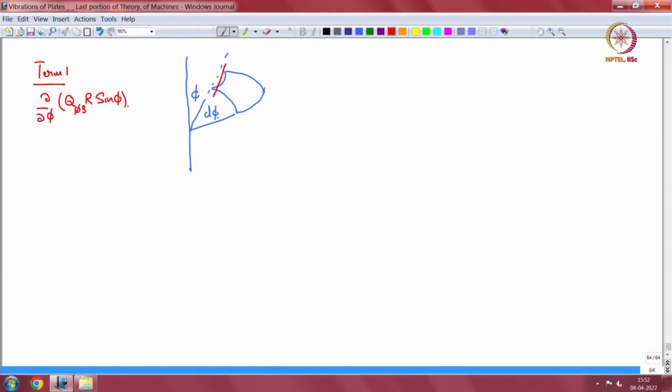On the negative face it is downward, it will go through the center, and here it is incremented. This also should go through the center. So this is q phi 3, and this is q phi 3 plus del q phi 3 by del phi d phi.